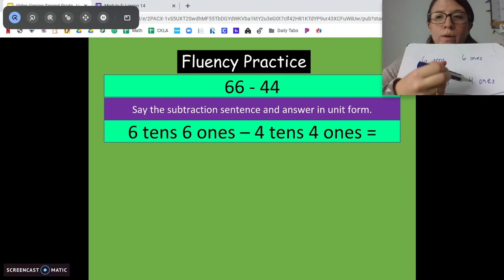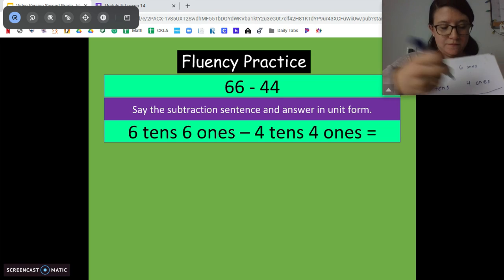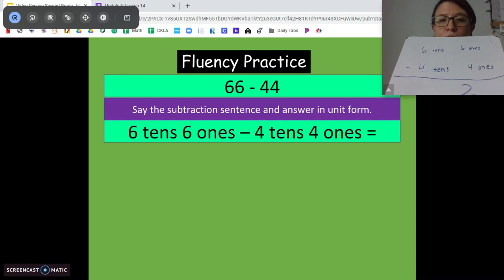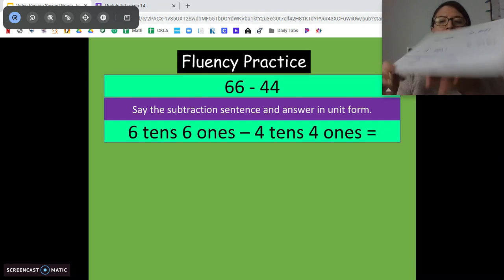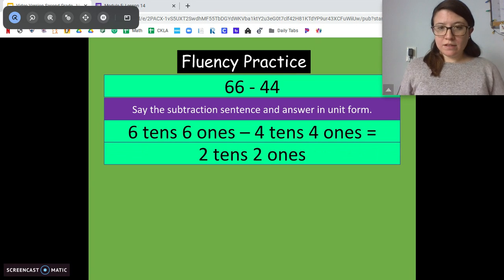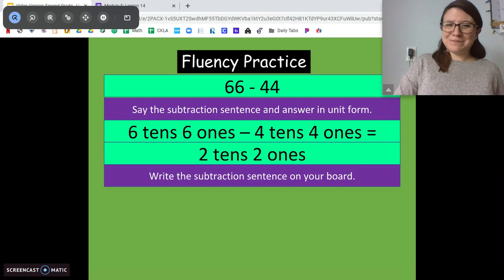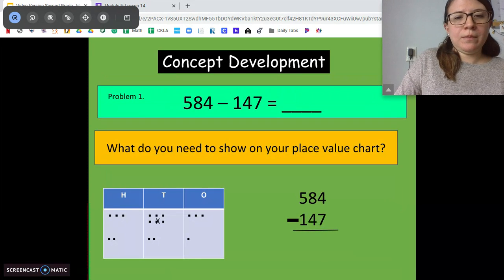We have 6 ones minus 4 ones is how many ones? And then 6 tens minus 4 tens is how many tens? Awesome. So we have 2 tens, 2 ones, and that gives us what? 22. Awesome job.